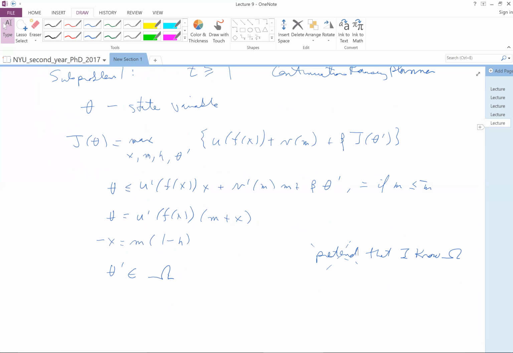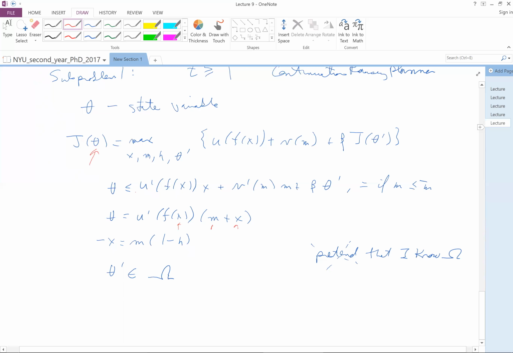Okay, so stare at this problem a little bit. The continuation Ramsey planner comes in with a theta. You can deliver that theta by a mixture of X and M policies, but he has to deliver it.